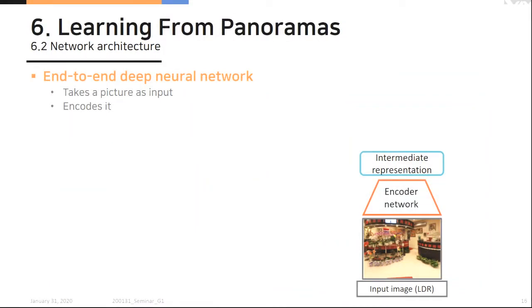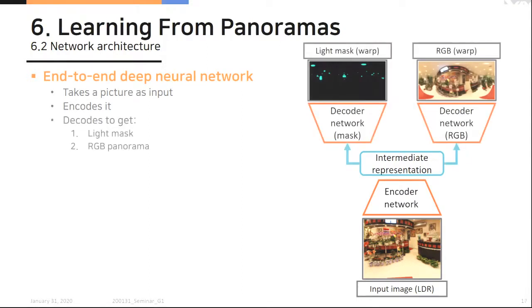Now I'm going to explain the architecture of their network. They used an end-to-end deep neural network. First, they take a picture as input and they encode it and decode it to get a light mask and an RGB panorama separately.